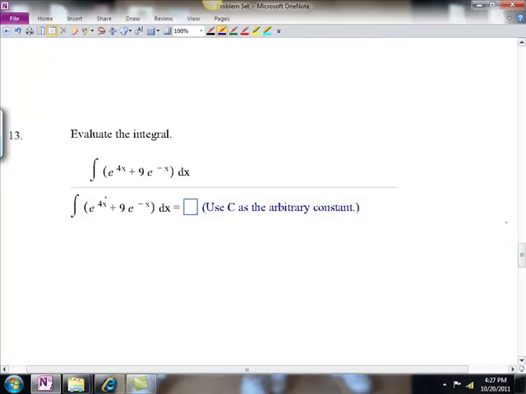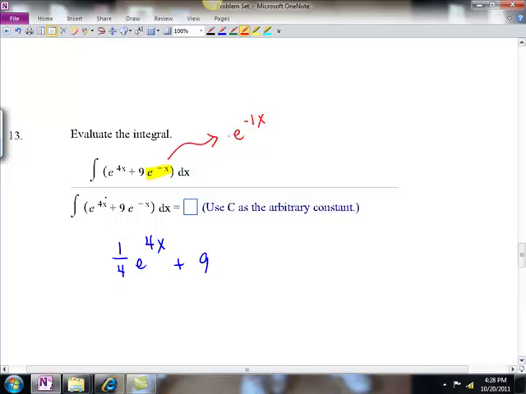All right, number 13. Okay, we got some e things going on. So e to the 4x becomes 1 over 4 e to the 4x plus 9 e to the this, you got to think about this. This guy here is like e to the negative 1x.